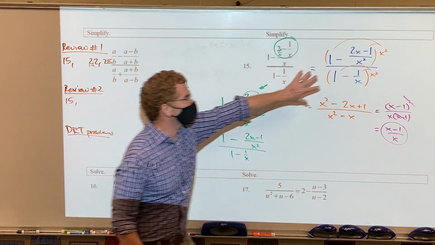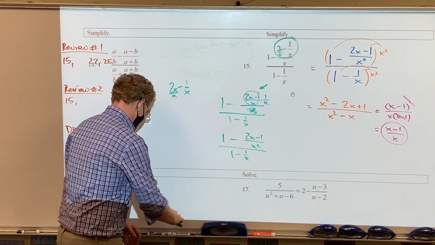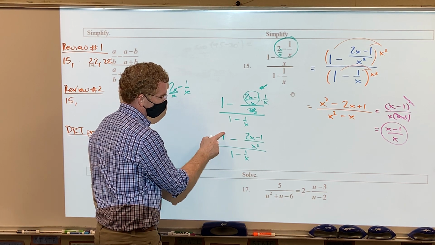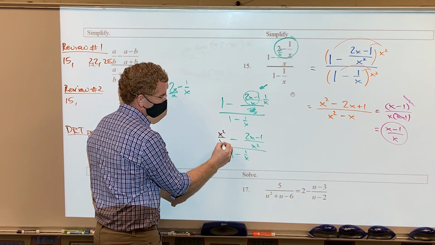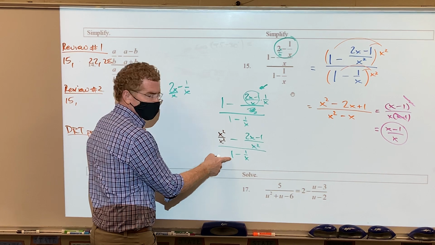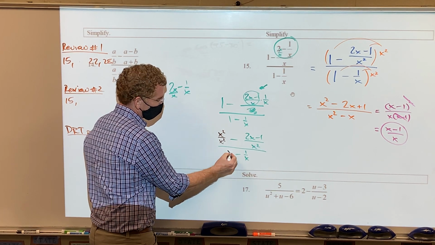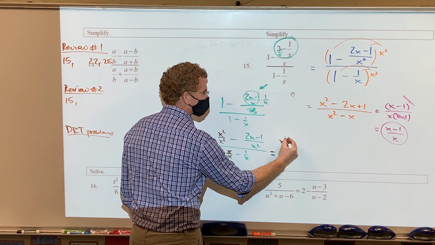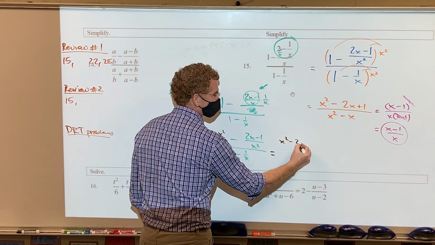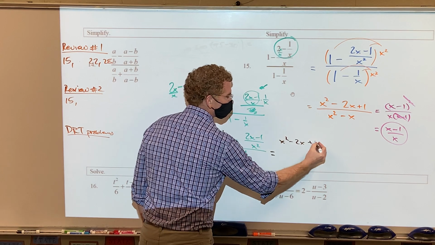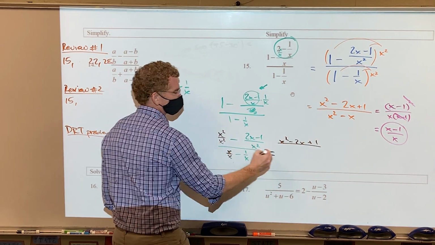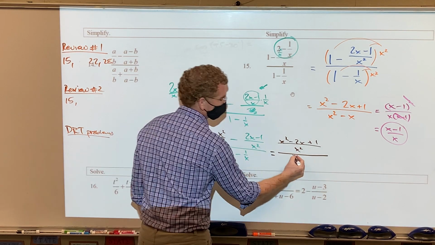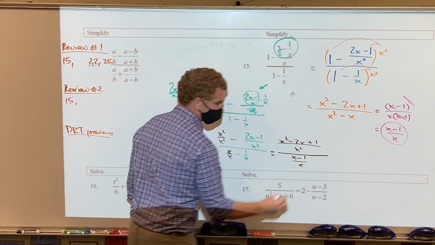Now, if you still don't like this fraction and the fraction stuff, what could I do? I could change that 1 to what? x squared over x squared. And I could change that 1 to x over x. And I could subtract this. And I would get x squared minus 2x plus 1 over x squared all over x minus 1 over regular x.